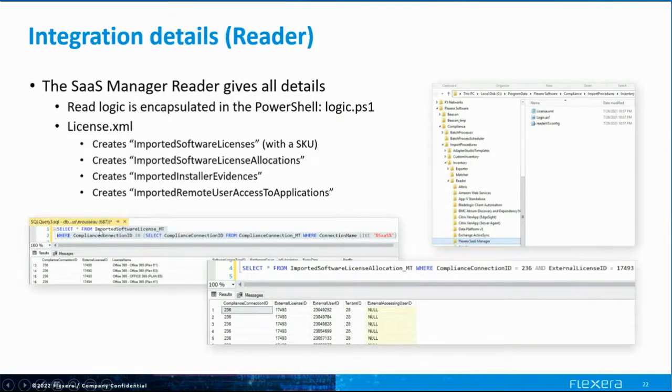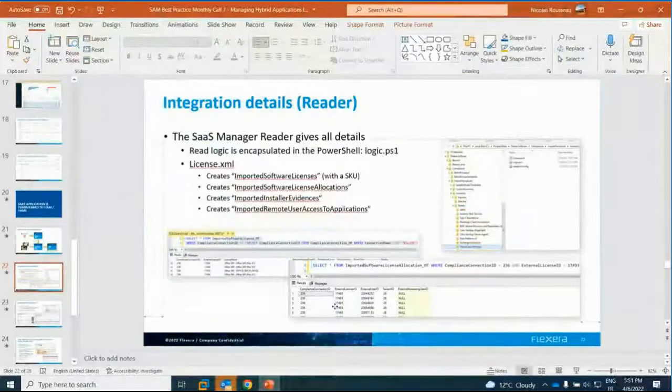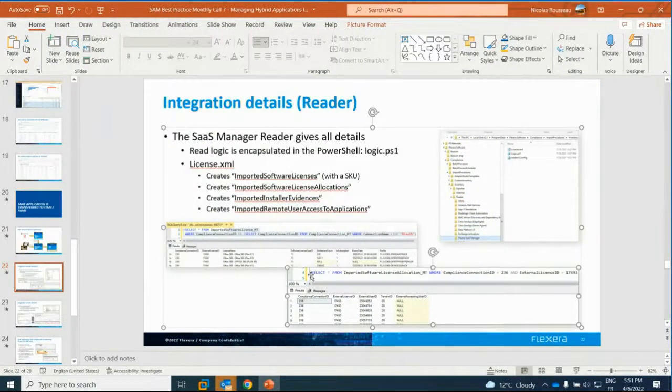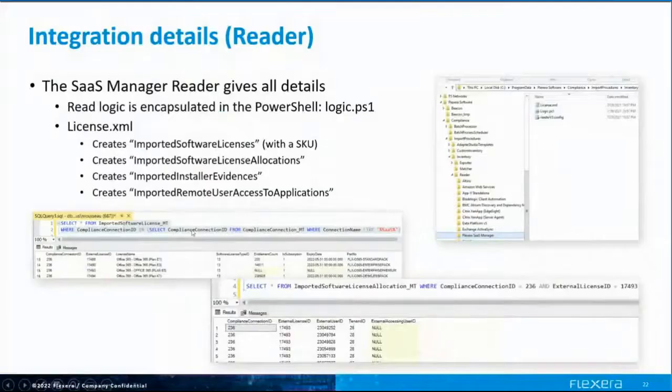But we have this imported software license table, which shows a number of licenses. And there is something which is hidden, which is the SKU. You see here that the SKU is associated with the imported license, part number. And we have also these imported software license allocations, which are exactly what user has access to what application.